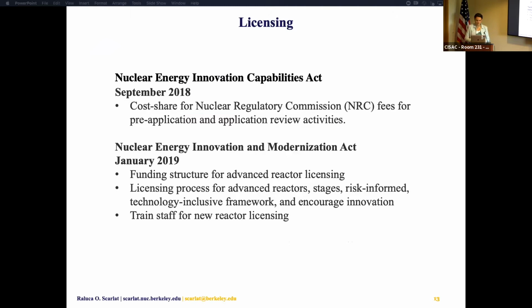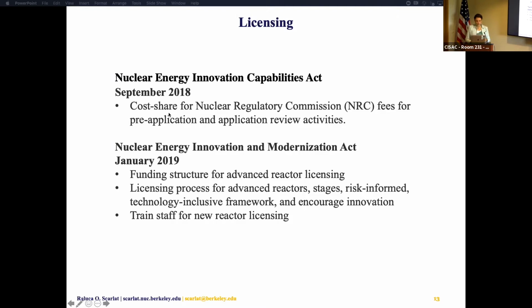The other part of the licensing challenge has to do with the institutions that regulate nuclear energy. So I'll give you two examples from the US, but the same challenges would be faced anywhere around the world. There were two acts passed recently that point out some of the licensing challenges with advanced reactors.